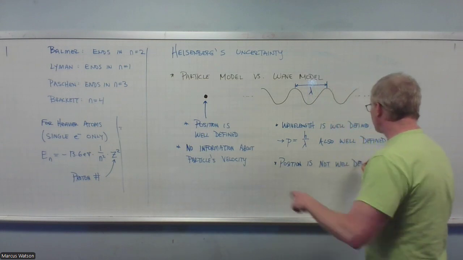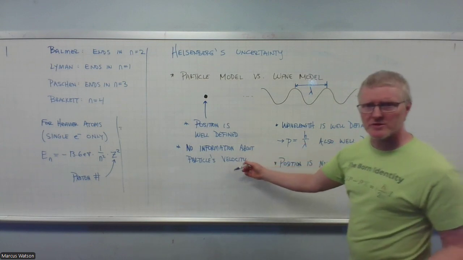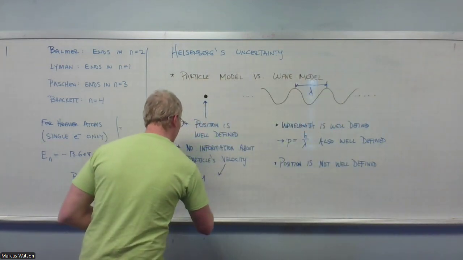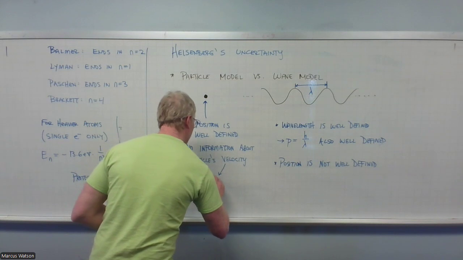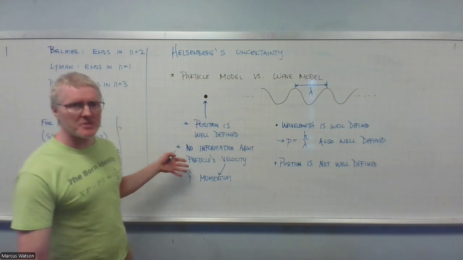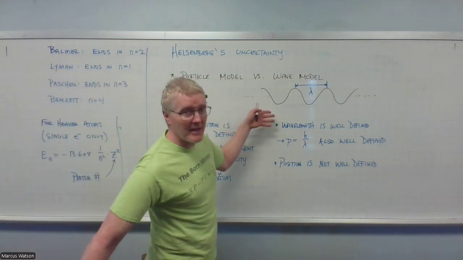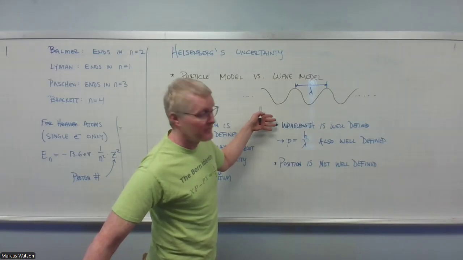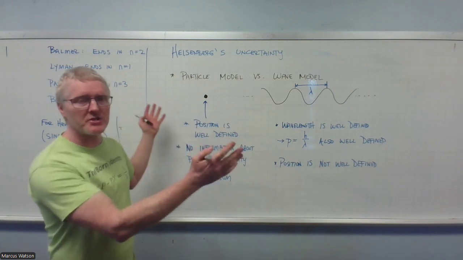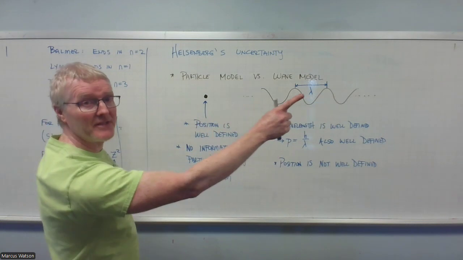So you see there's a crossover here between these two things. Because here the velocity, of course, is related to the momentum, and so we don't have information about its subsequent momentum. We know its position quite well. Here we have quite a lot of information about the momentum via the wavelength, but no information about the position, or say that there's a large uncertainty. If I say the wave is there, I've got to go plus and minus infinity for the uncertainty.